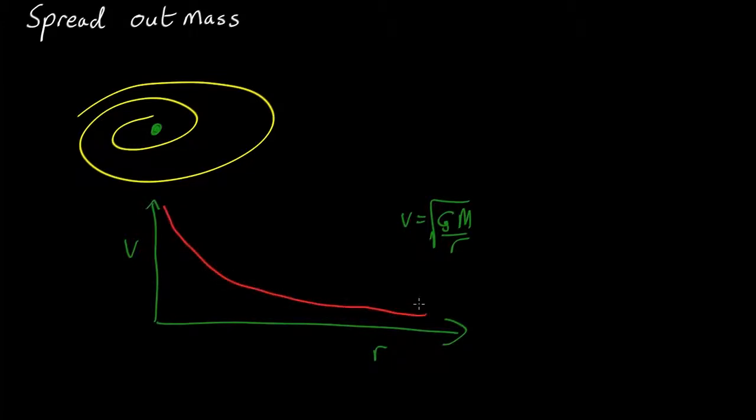But that's not actually very realistic. Galaxies do have big black holes in the middle, but these black holes are about, at most, 10 to the 8 solar masses, whereas the overall galaxy is more like 10 to the 11 solar masses. So this is much bigger than that. Most of the mass is not the black hole, it's the vast numbers of stars orbiting around.